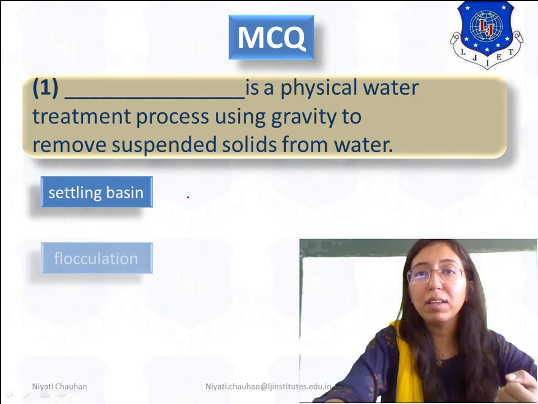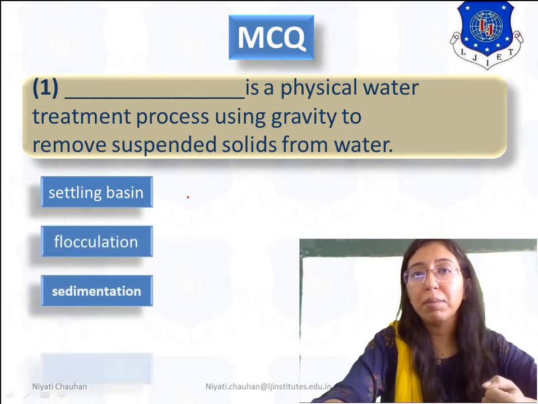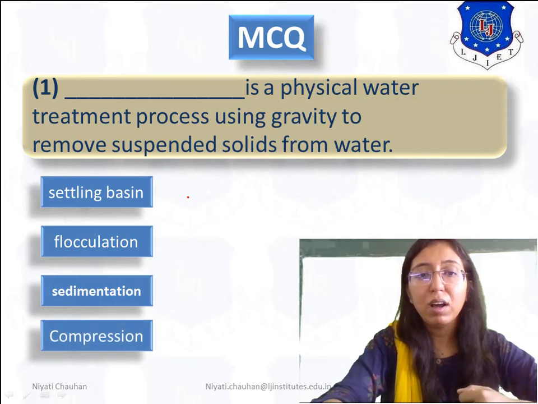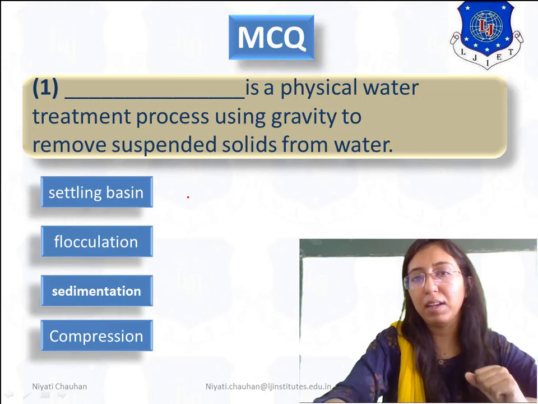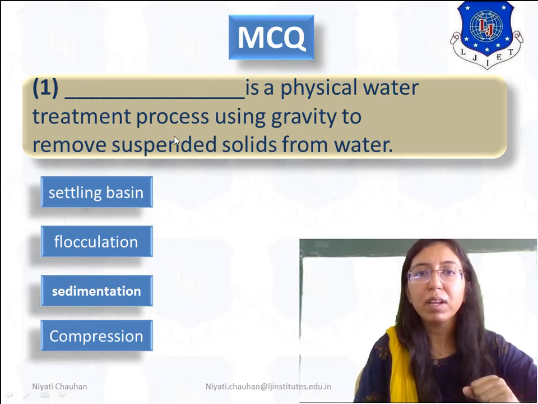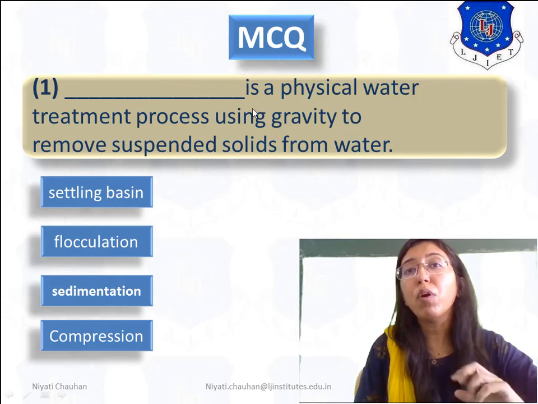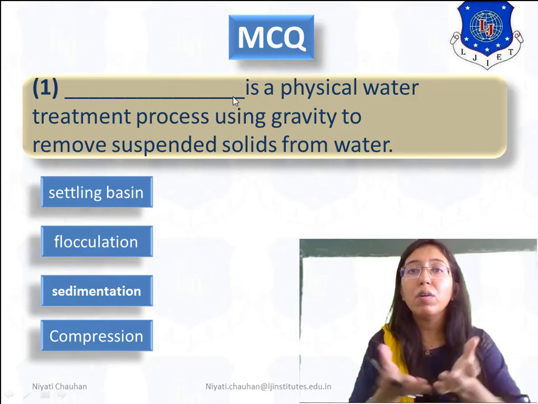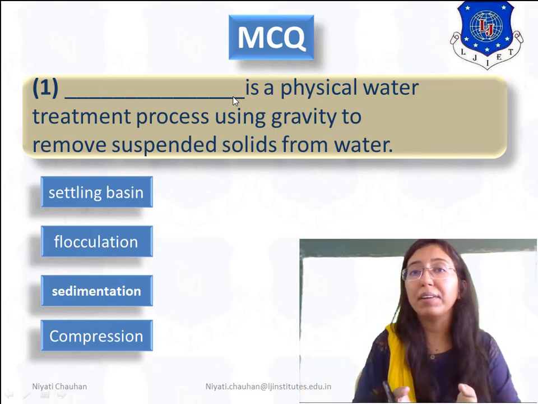The options are settling basin, flocculation, sedimentation and compression. The answer will be sedimentation, because in the sedimentation process suspended particles are removed from water and all particles collect on the bottom side.